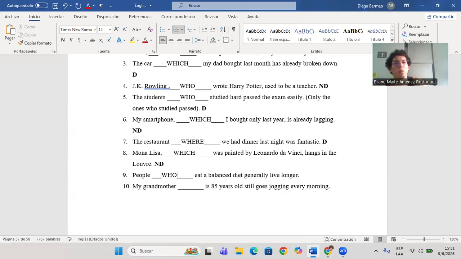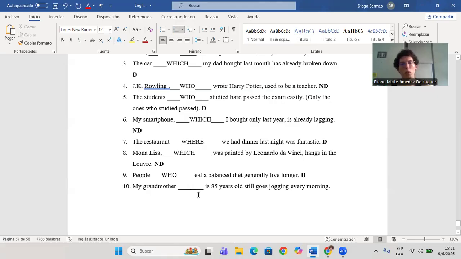People who eat a balanced diet generally live longer. This is defining because if you don't add that information, then you would ask, which people live longer?